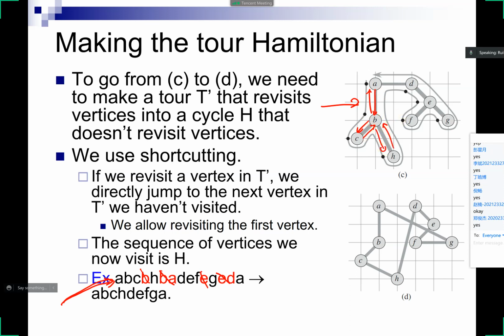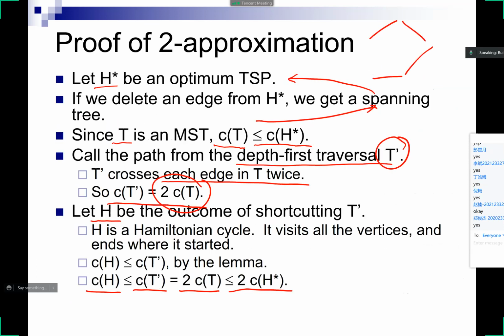And then you see that the depth first search, in that case, is exactly an Euler tour on this doubled MST. Therefore, the depth first search has 2 times the cost of the MST.